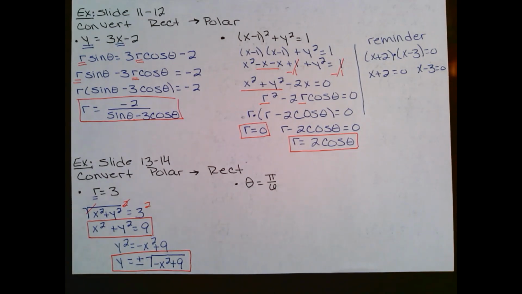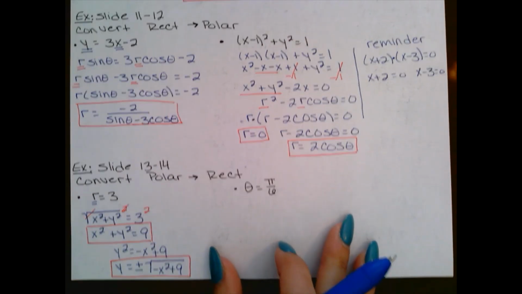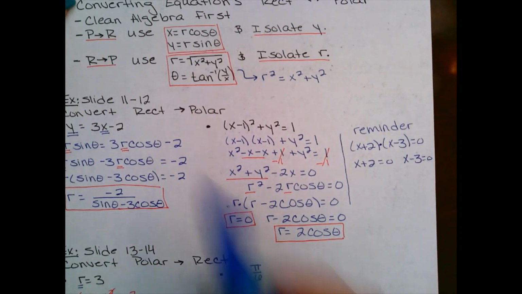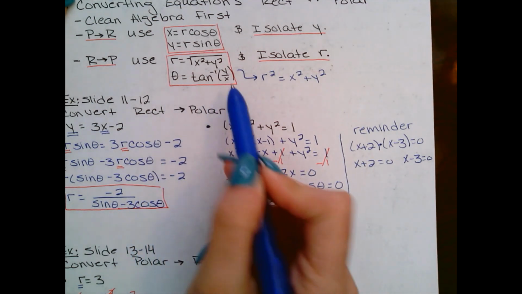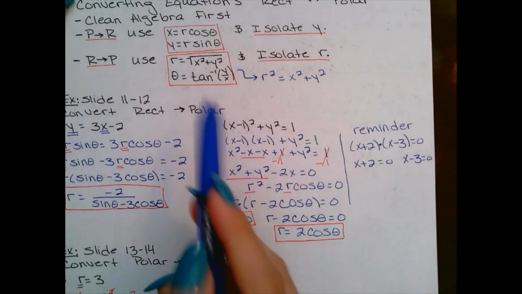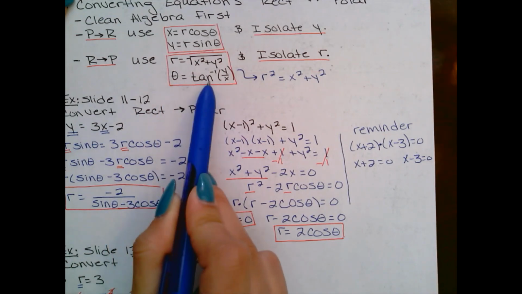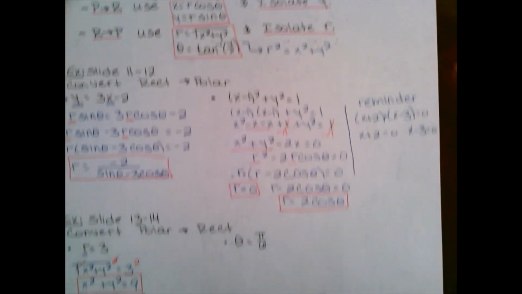Okay? Now for this next question, I have theta equals pi over 6. Let's take a look back at our formulas for a moment. We have that theta is inverse tangent of y over x. So I can replace that entire theta on the left with this right side of the formula. Okay?